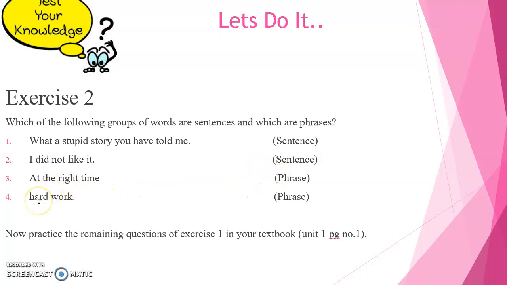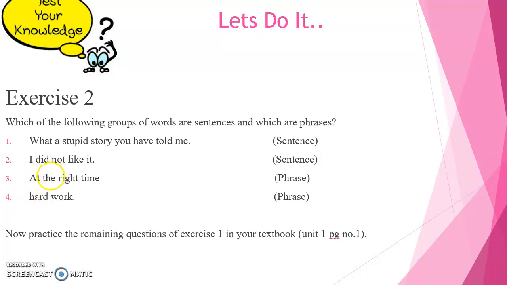Now the fourth one. Again you read: hard work. You can see a capital is not here. A full stop is not here. And a verb is also not here. And a complete meaning is not coming. For making a complete meaning, we have to add some words here also and here also.